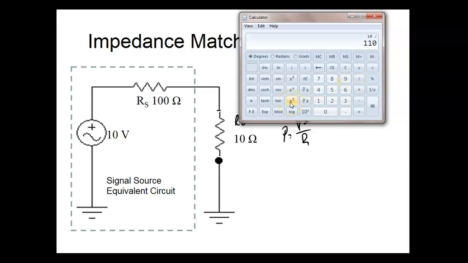I just added those in my head, right? I'm going to say equals, then I'm going to multiply that times 10. So that's 909 millivolts. I'm going to square that, and then I'm going to divide it by 10. And so it's 82.6 milliwatts.